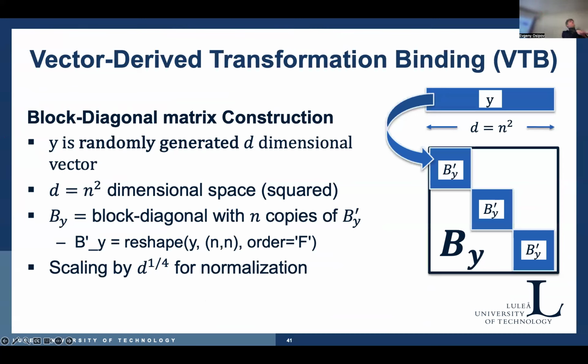Now to the article. The key component that you probably should understand, and I want to explain verbally, is something called vector-derived transformation binding, VTB. That's the key term in the paper. At the end, we are implementing binding, as I said. And again, what we do, we live in this vector space.